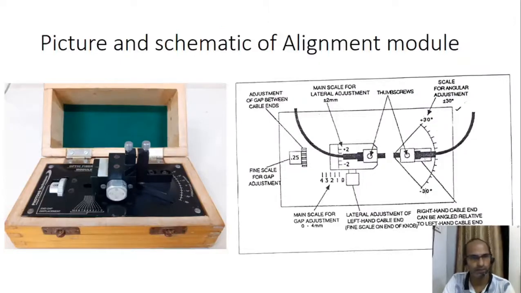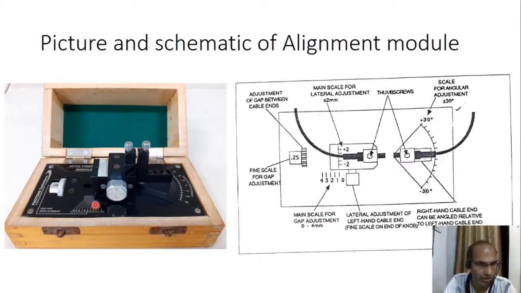This is the picture and schematic of the alignment model. The middle part is the square model and this part is the angular model, and it has two screws where we can fit the optical fiber. This model also has a lateral scale as well as an end gap adjustment scale from 0 to 4 millimeter.